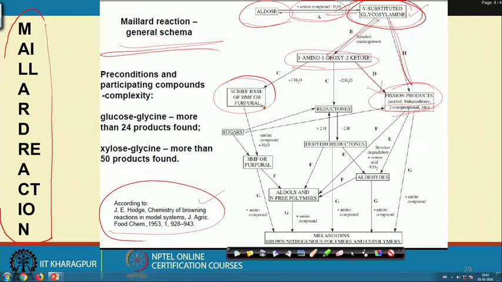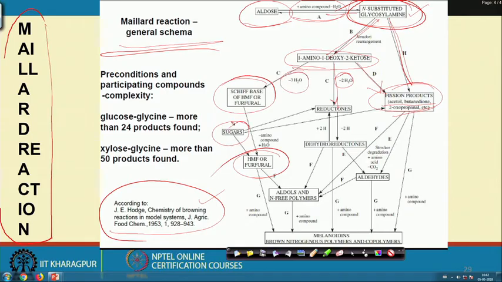Or there it may go to HMF or furfural, some sugars may also add here, or from here it may leave water.